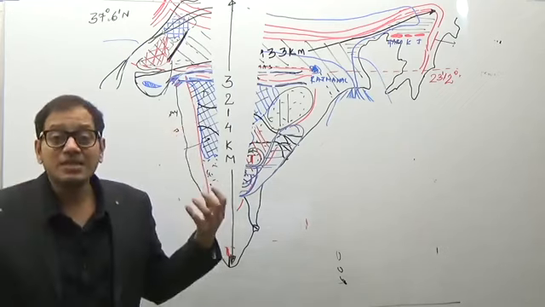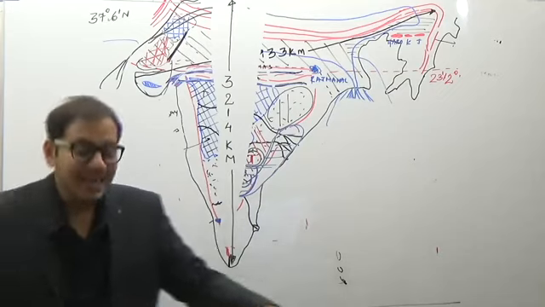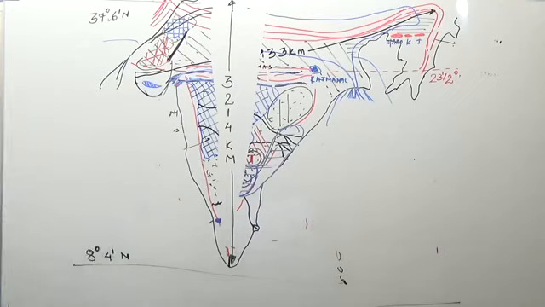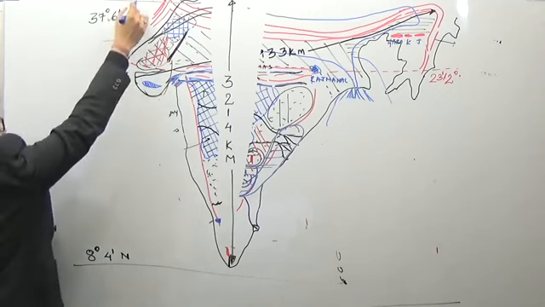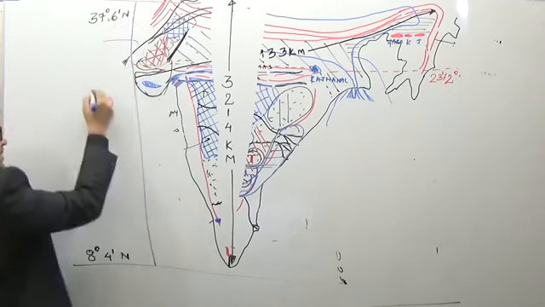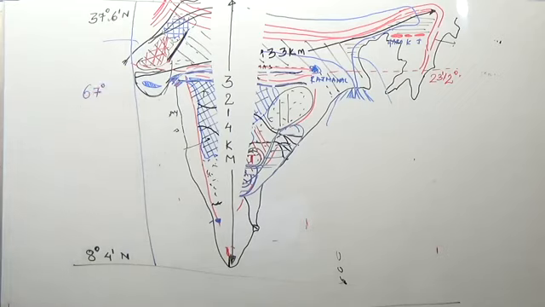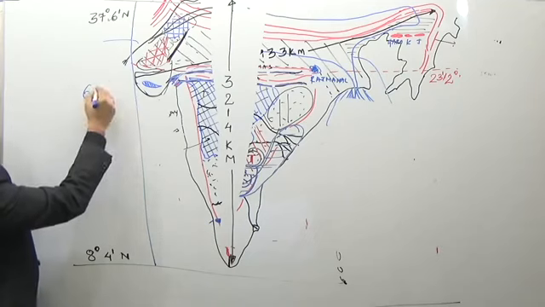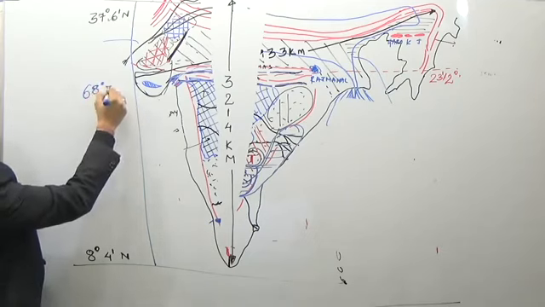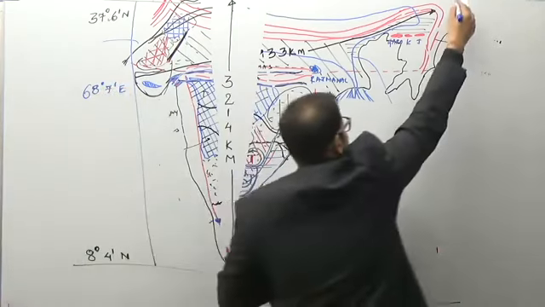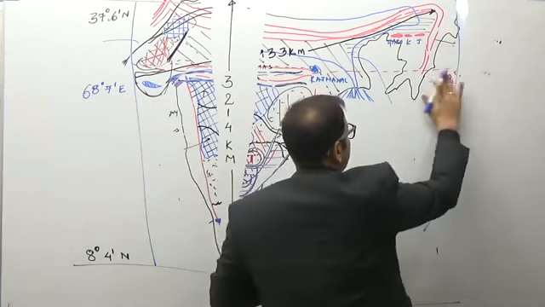Before that, how is the east-west extent of India? India lies from around, I will use the blue pen here, India lies from around 67 degrees, 68.7 degrees east. It lies between 68.7 degrees east to around 97.25 degrees east.